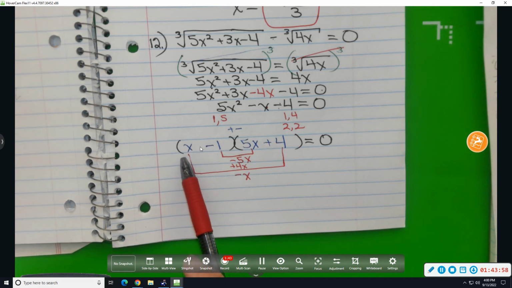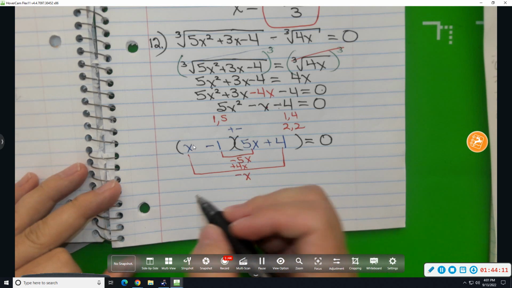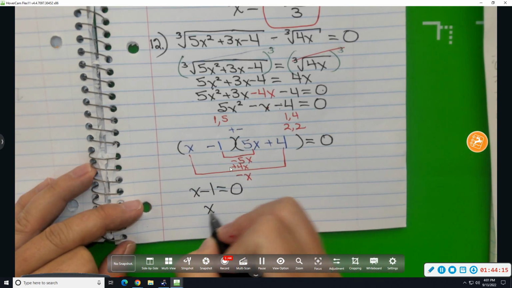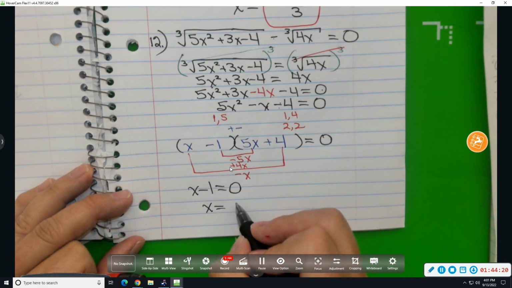It's a 1x and a 1. It's the same number. And I was like, other than 1. I should have said that. You can't have the same number in parentheses other than 1. Okay? Set each factor equal to 0 to give us x equals 1.